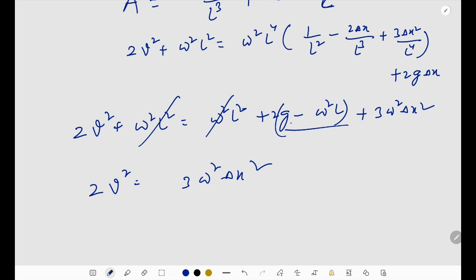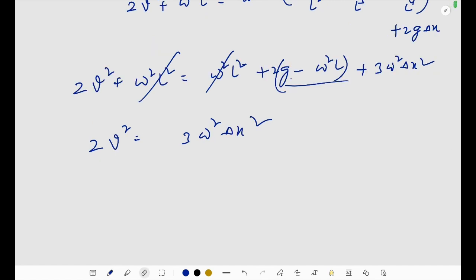So the square of the circular frequency of oscillation is determined. Now you can write here 2b square, or simply v square equals 3 by 2 omega square delta x square.